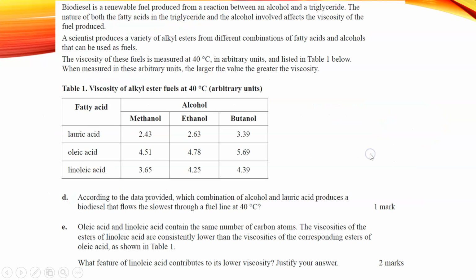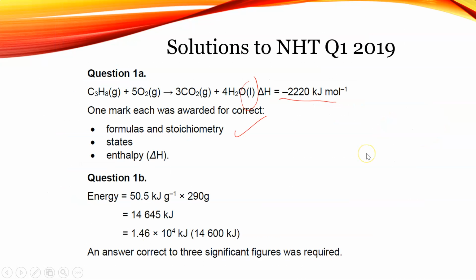So once again, when we look at the answer here, so, that's right, they've used, I keep forgetting about this, they've used the value in the data book that gives you kilojoules per gram. So you don't even have to change to mole. If you did change to mole, you wouldn't be wrong, but I guess maybe there was a hint there with the 1 mark. So we just multiply kilojoules per gram times the grams.